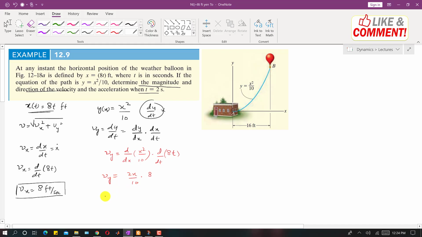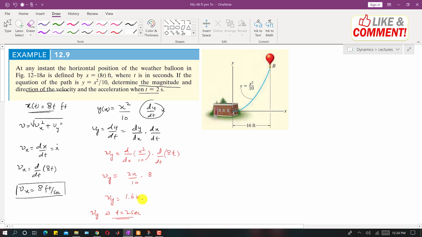So this is 16x divided by 10, which is 1.6x. This is the velocity along y, and this is a function of x. We want to find the velocity Vy at time t equals 2 seconds.